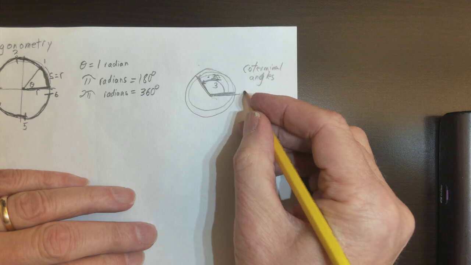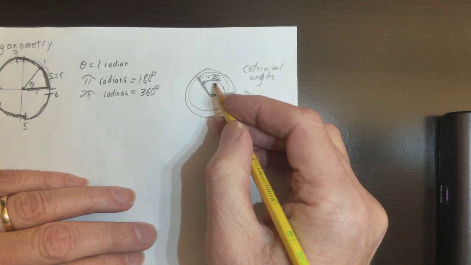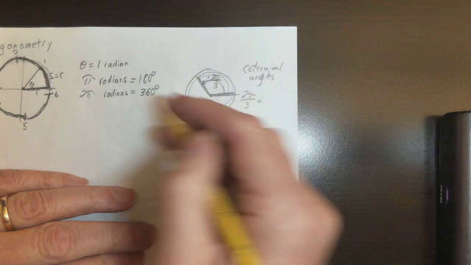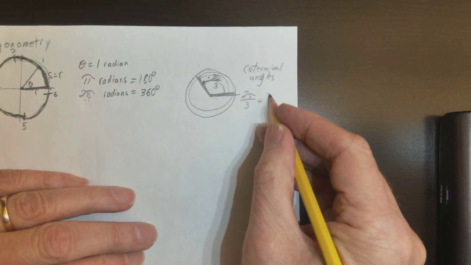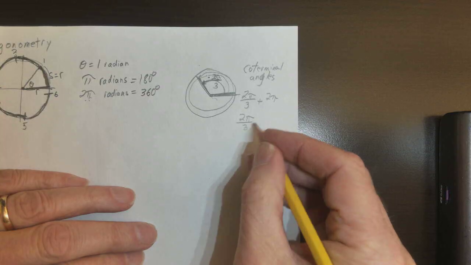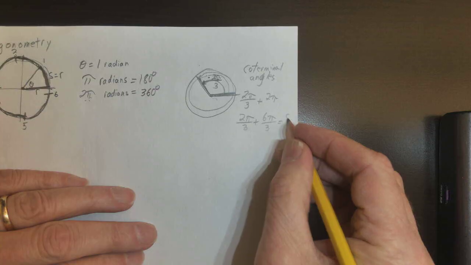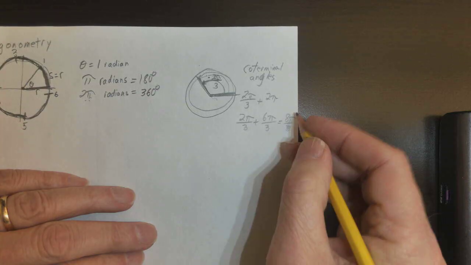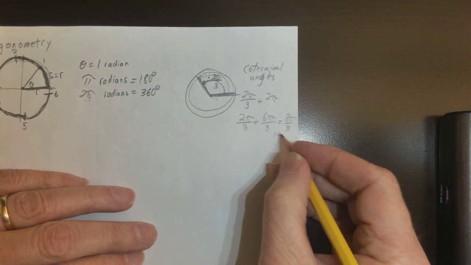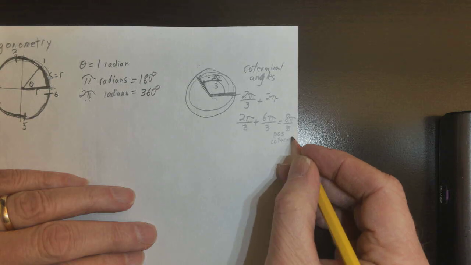So if that's the case, we hit the 2 pi over 3, and then we went another whole lap around, which is 2 pi. If I write that as 2 pi over 3 plus 6 pi over 3, that's 8 pi over 3. Okay, this is a positive coterminal angle.